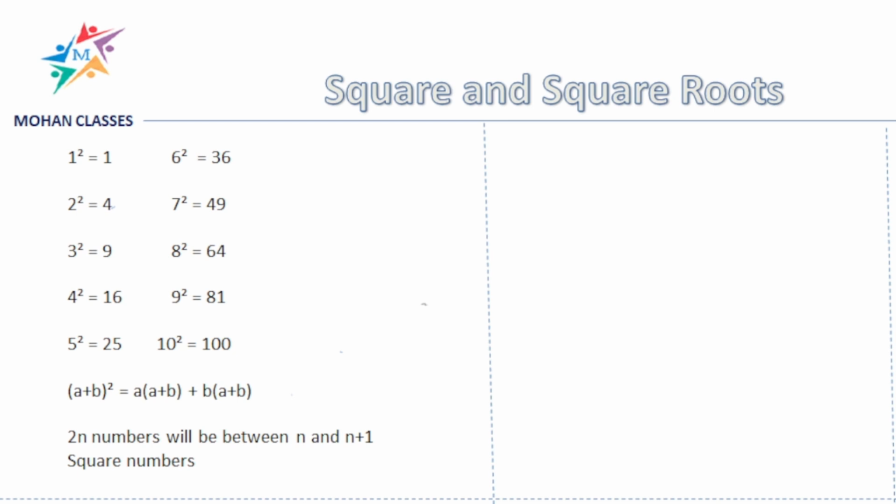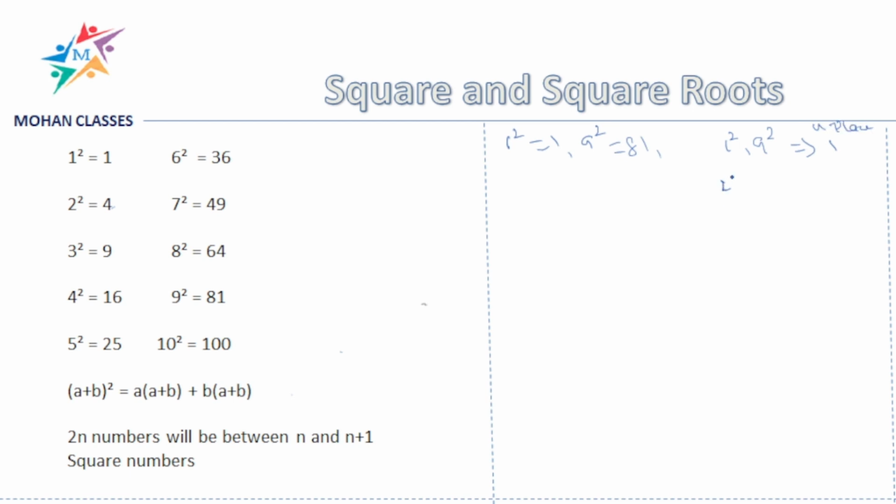So here, if you take 1 square, we will get 1, and 9 square we will get 81. So what is the unit place of 1 square and 9 square? 1, right?